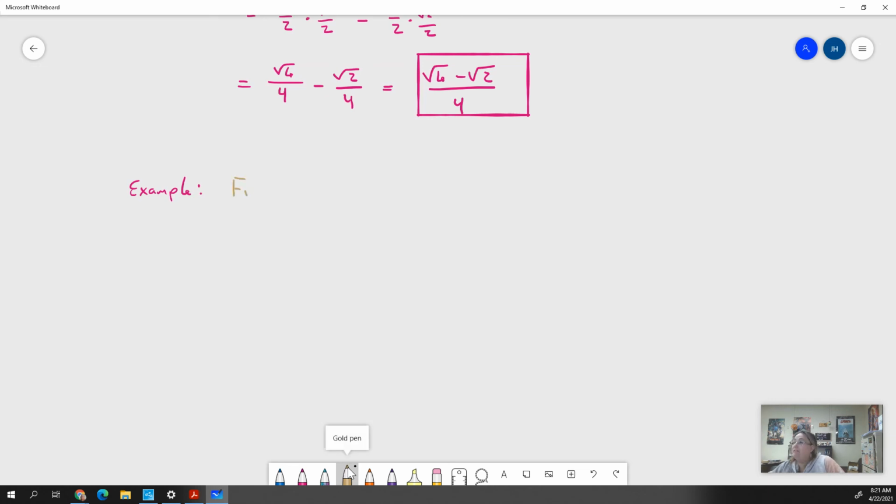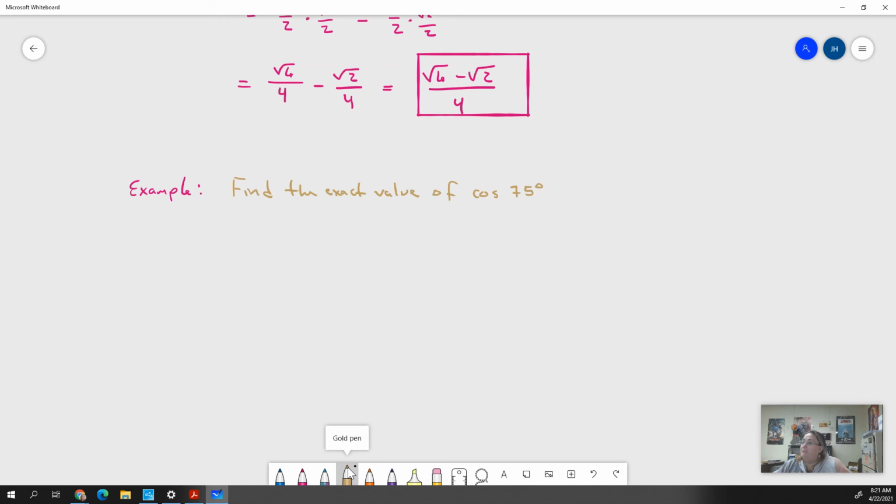We're going to again find the exact value of cosine of 75 degrees. I liked this problem because you guys are so much more used to dealing with numbers than you are with radians, right? With the fractions of pi.